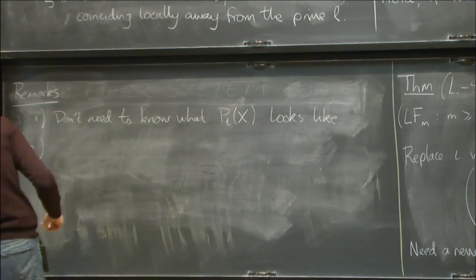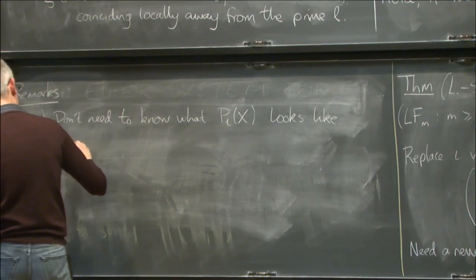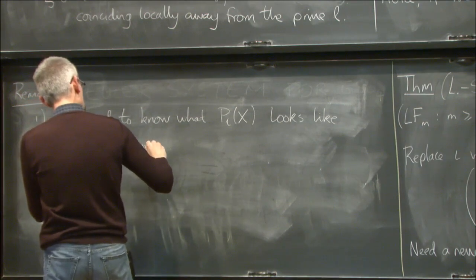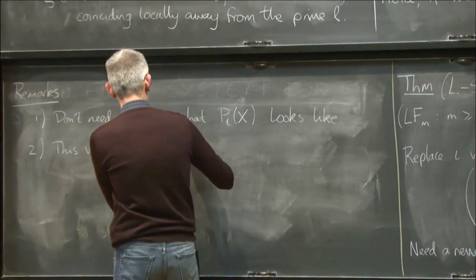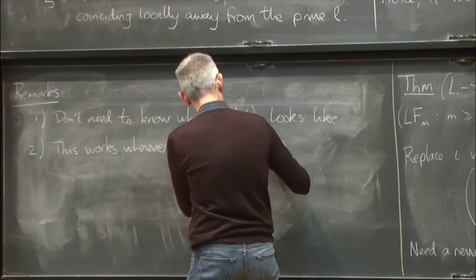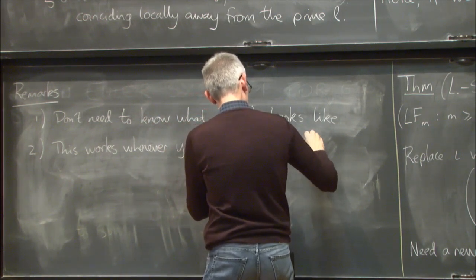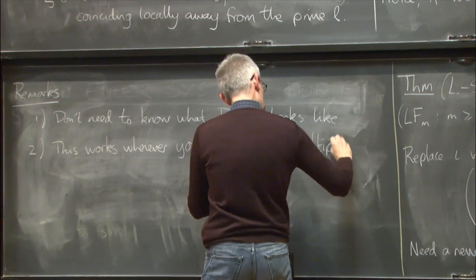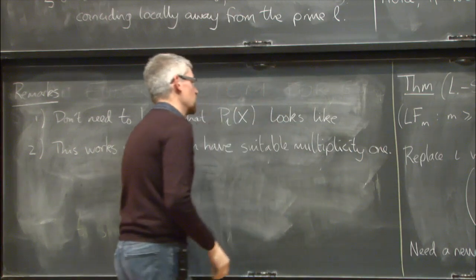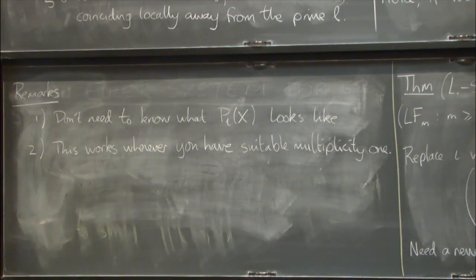The second remark is that this works whenever you have suitable multiplicity 1 results for local representations. And although it's slightly disguised by the way I've written it, this is just one instance of a general theorem.